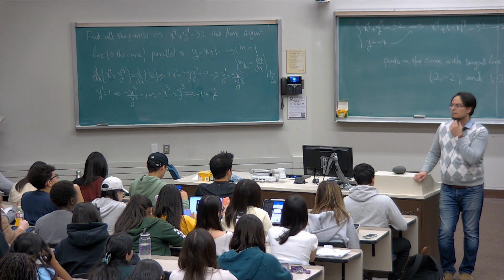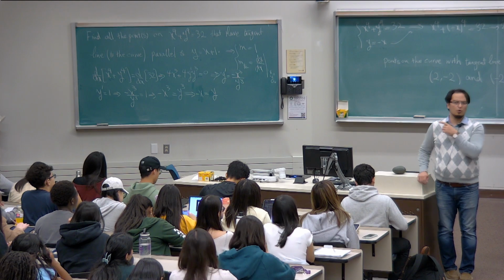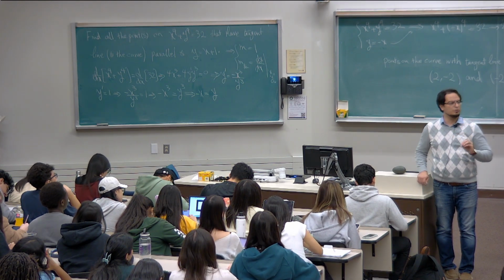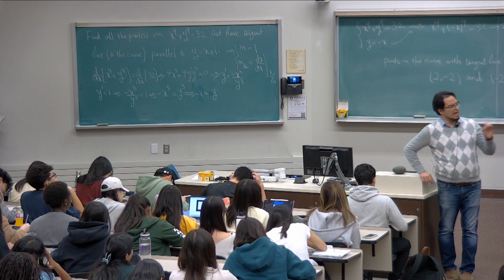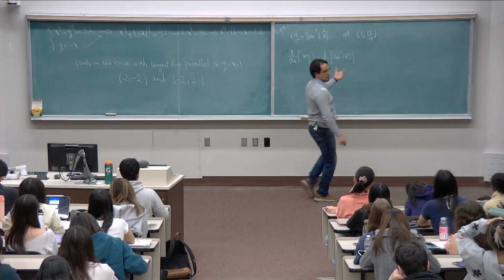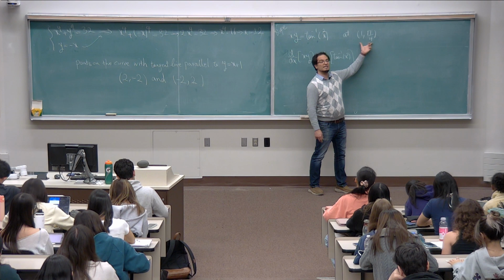Plug it in. In the question, the way it is written, maybe it's not required, but I want you to develop this habit: if someone is asking you to find a tangent line or anything along those lines, first check that the point is on the curve.